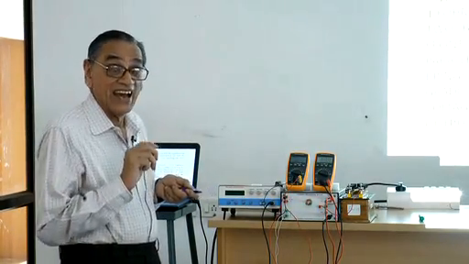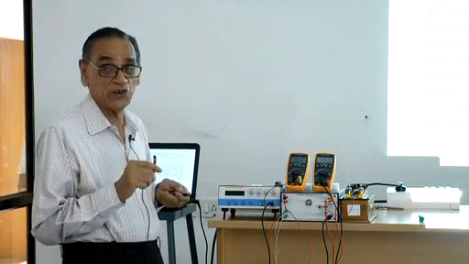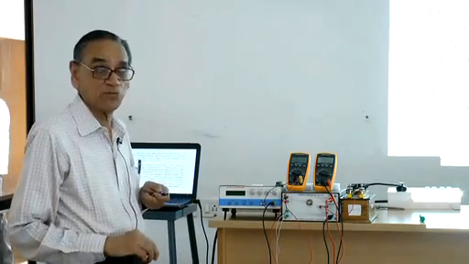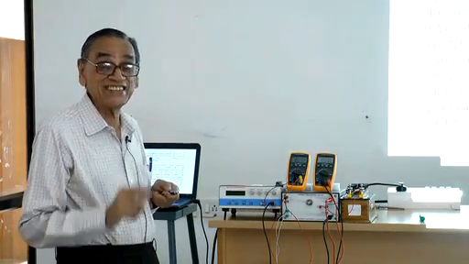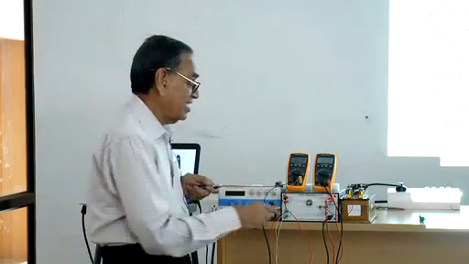Therefore, I can change the resistance in the DC circuit by pulling out plugs from the resistance box. This will change the DC current through the bulb in small steps.